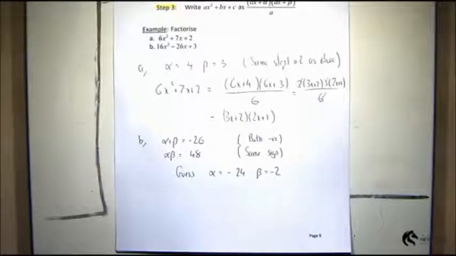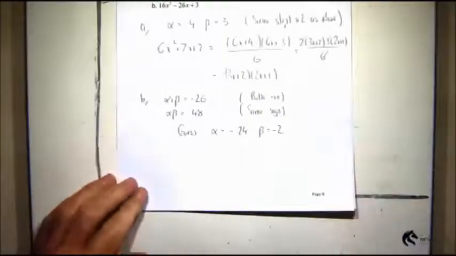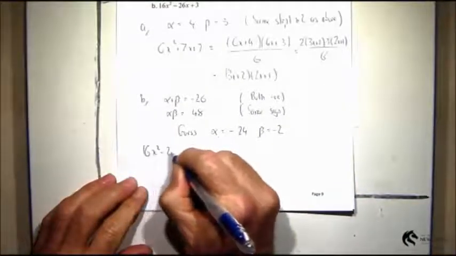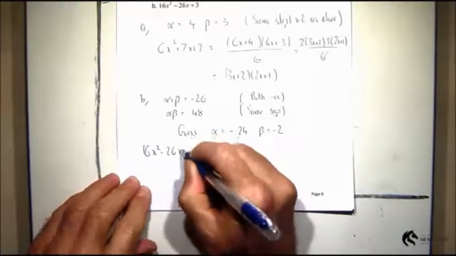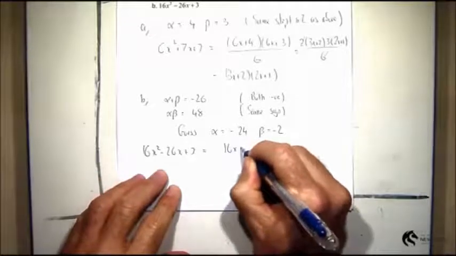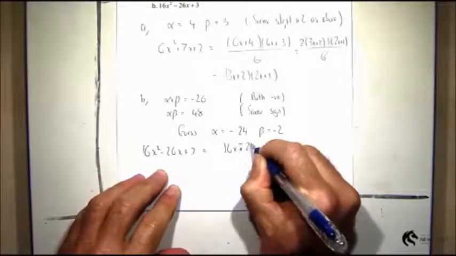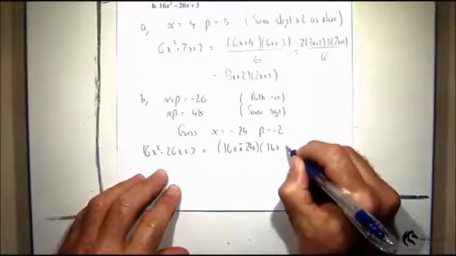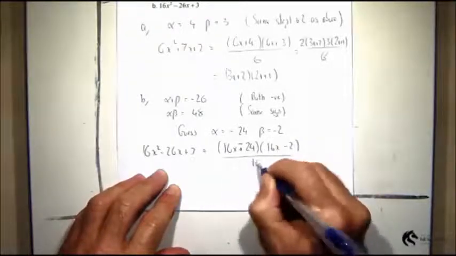And now using method 4, this becomes 16x squared minus 26x plus 3 becomes 16x plus alpha times 16x plus beta all over 16.